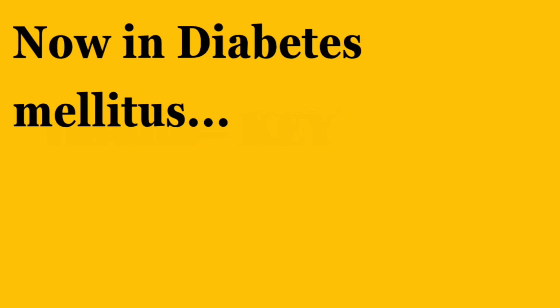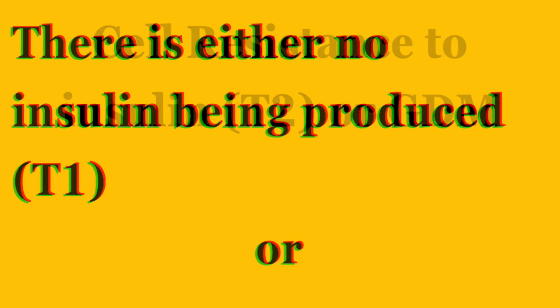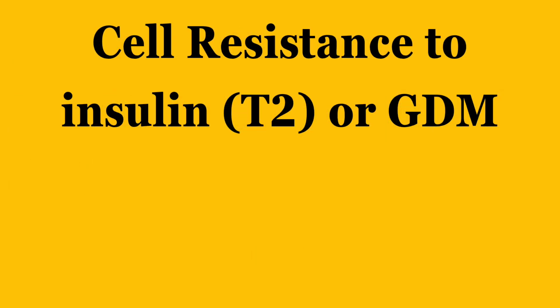But in diabetes mellitus, this system breaks down. So it's either there is no insulin being produced at all. So the cells of the pancreas that produce insulin are probably destroyed and there is no insulin at all, like in type 1, or that the insulin is being produced, but the cells are not as responsive to insulin.